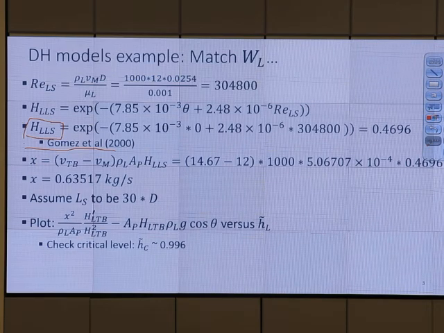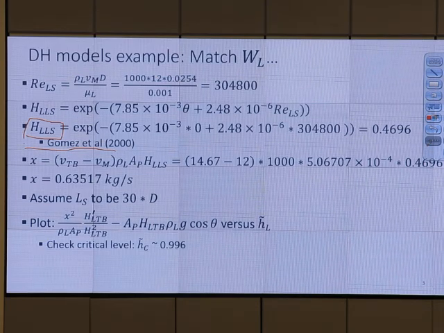Is it 71? 72, yeah. So we assume that the holdup inside the slug body is 0.6.